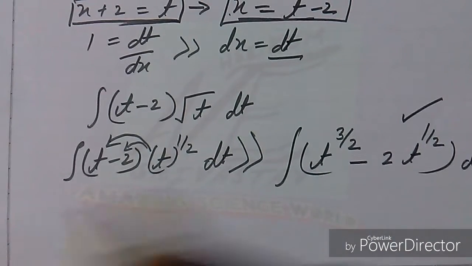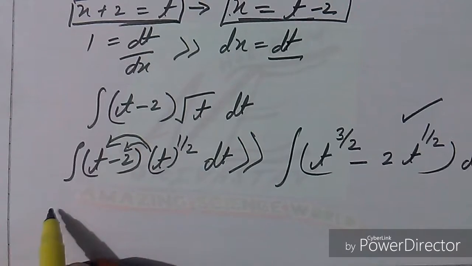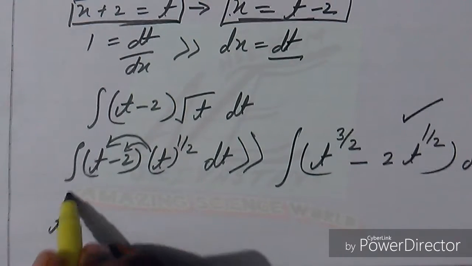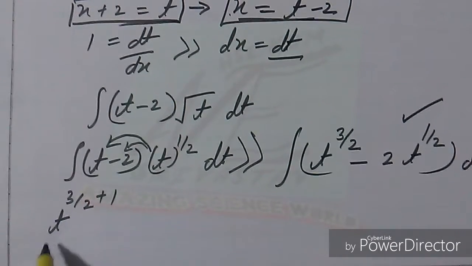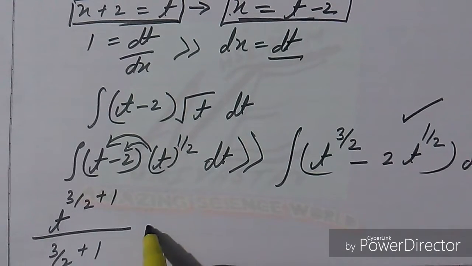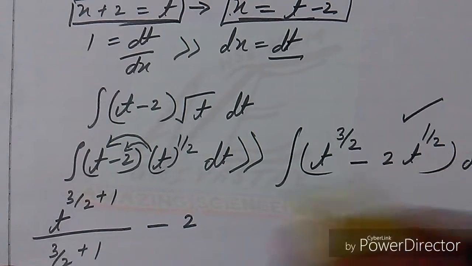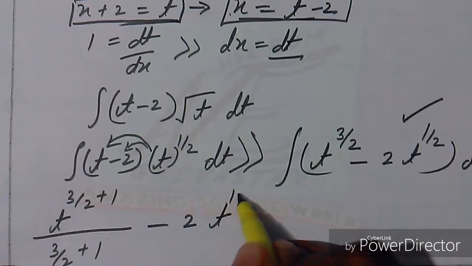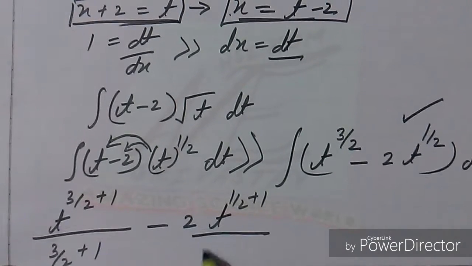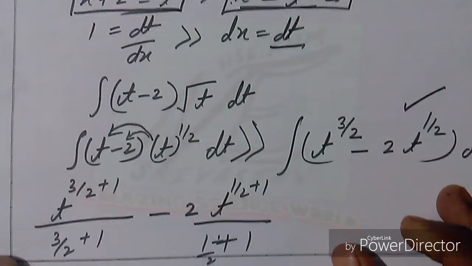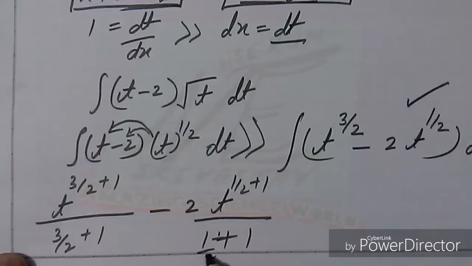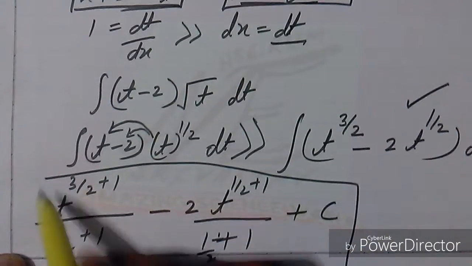Now we start the integration of this, that is t to the power 3 by 2 plus 1 over 3 by 2 plus 1, minus 2 is as it is because it is a constant, and now t to the power 1 by 2 plus 1 over 1 by 2 plus 1, my friends, plus c. That is the equation that comes.